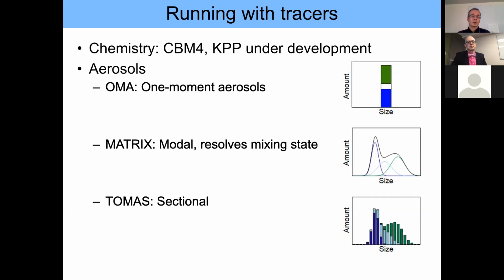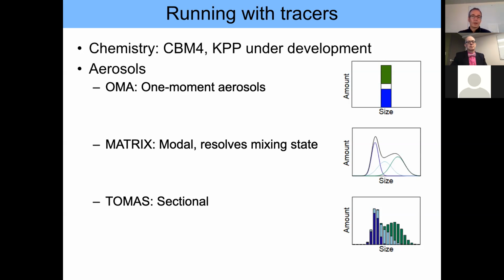We have another under development, a replacement of this chemistry with something more flexible. We call it KPP, which stands for kinetic preprocessor, which is able to take any set of reactions and solve them by itself without us having to solve it. So we give literally reaction rates in a human readable format, and then the model figures out what to do. This is still ongoing work, and it's not available yet.